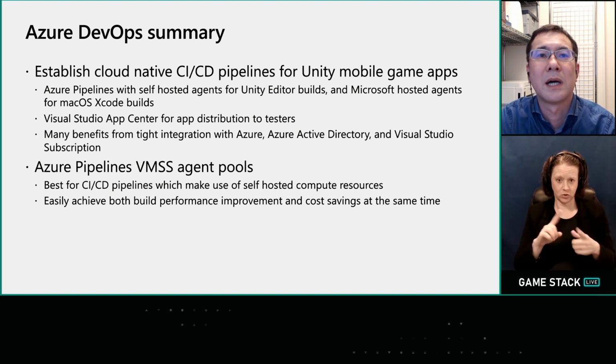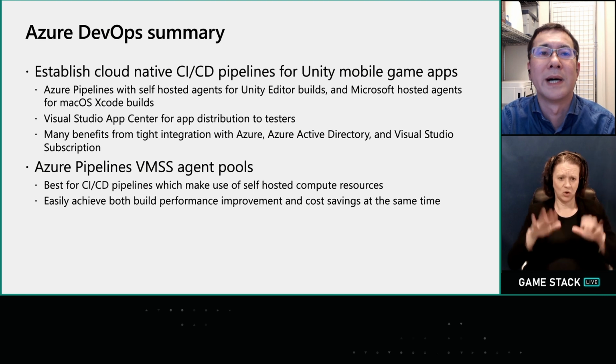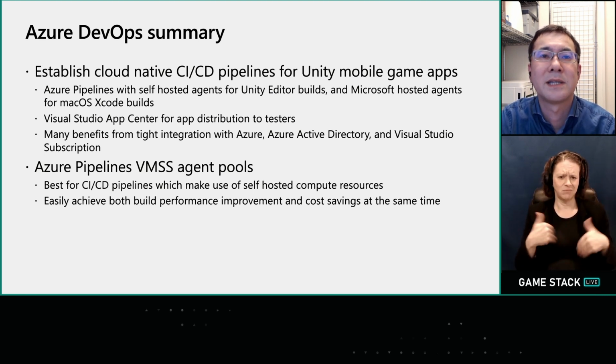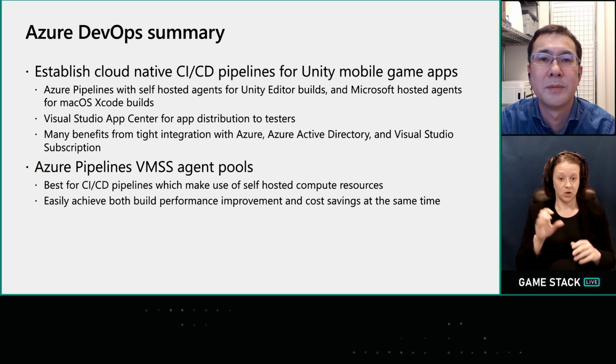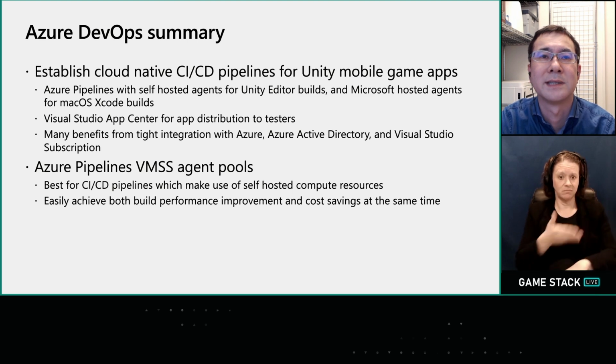I also talk about Azure Pipelines VMSS agent pools. It's a great feature, another game changer for us. You can easily achieve build performance improvement and cost savings at the same time.